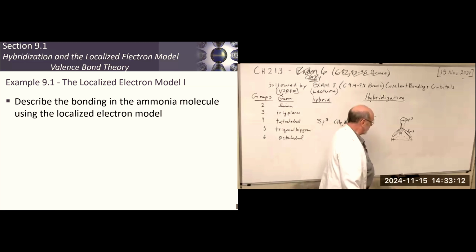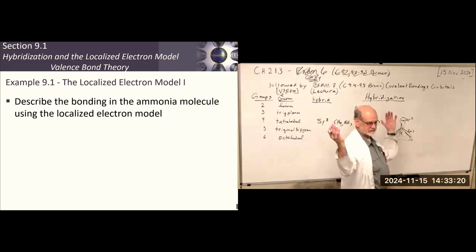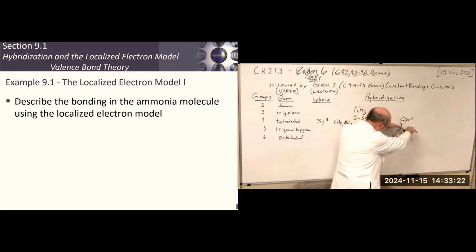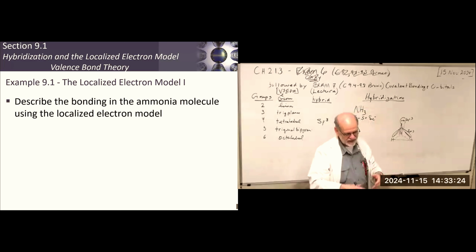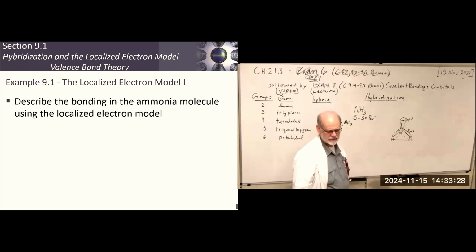Now, the bond angle is still going to be less than 109.5 because remember, these lone pairs aren't confined by a bond, so they tend to balloon out and put pressure on these guys. So they shrink down to 108, something like that, or maybe less.